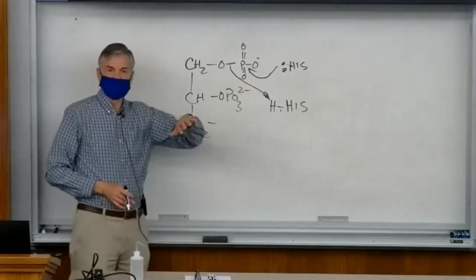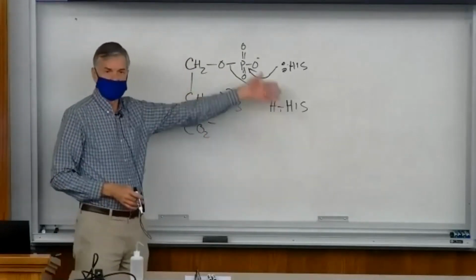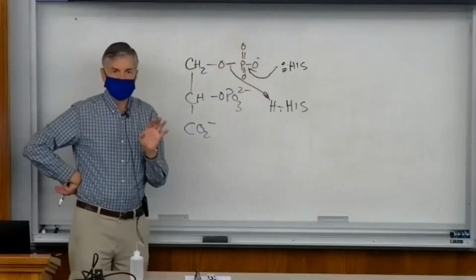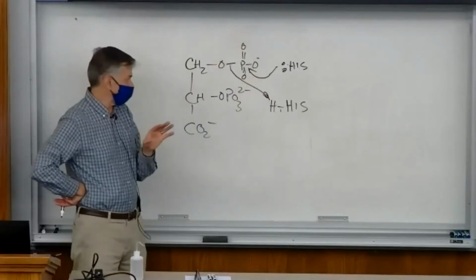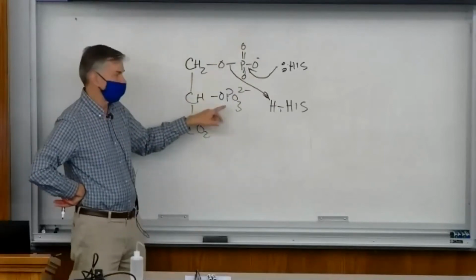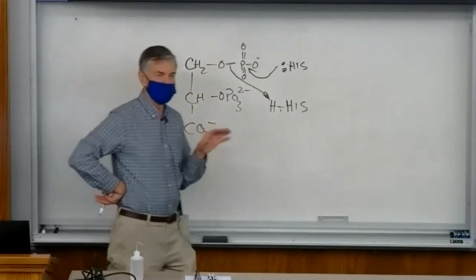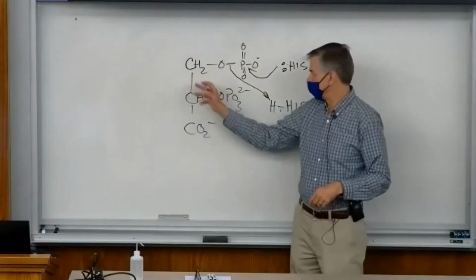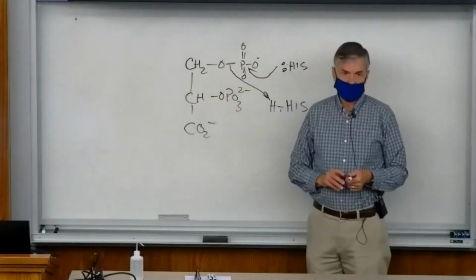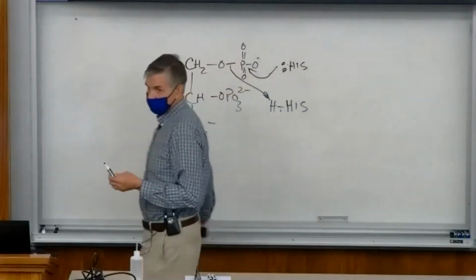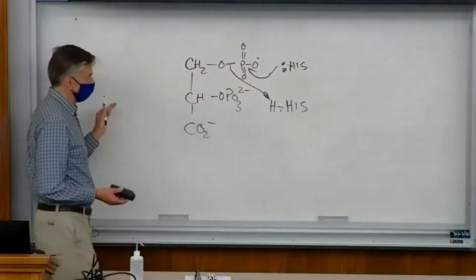And we will have then regenerated the active site to its original, catalytically active state, and in the end, we will have shifted the position of the remaining phosphate from the 3-carbon to the 2-carbon. So we now have this 2-phosphoglycerate.